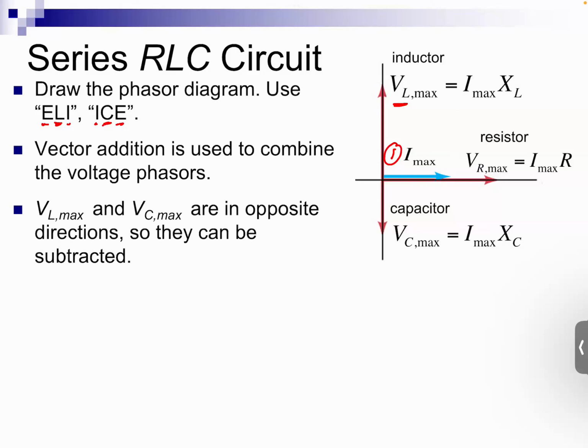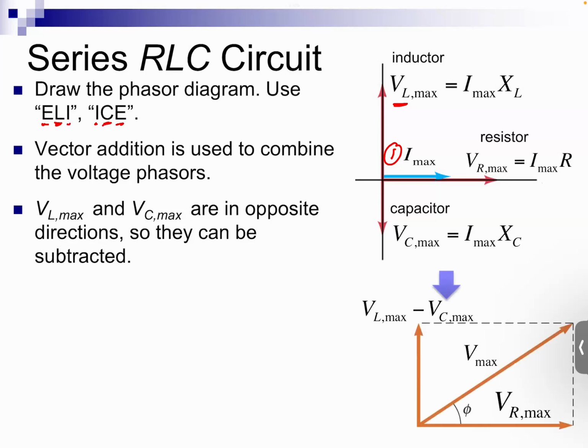Okay. Right, the voltages are vectors, so you can look at them as these arrows. You have the capacitor voltage pointing downwards and the inductor voltage pointing upwards. We already know that two vectors in opposite directions can be subtracted, so we can subtract these two vectors to simplify our phasor diagram.